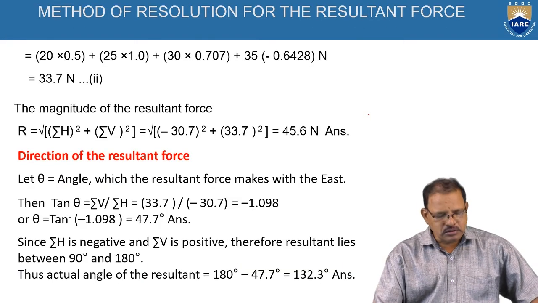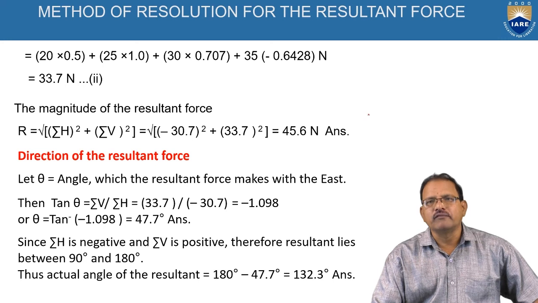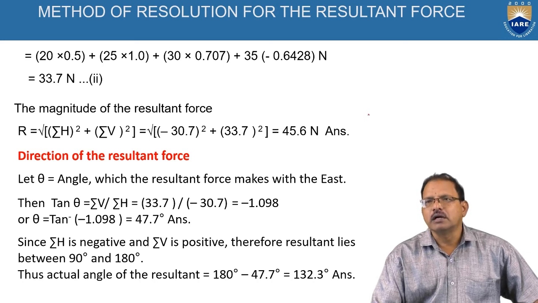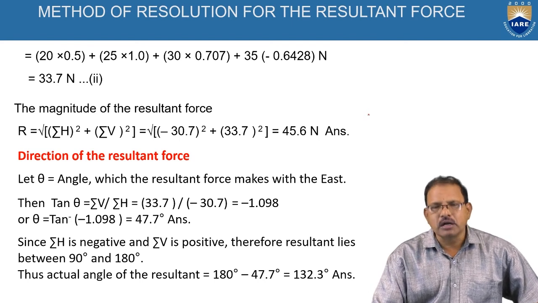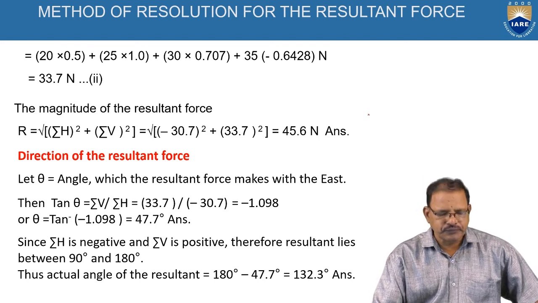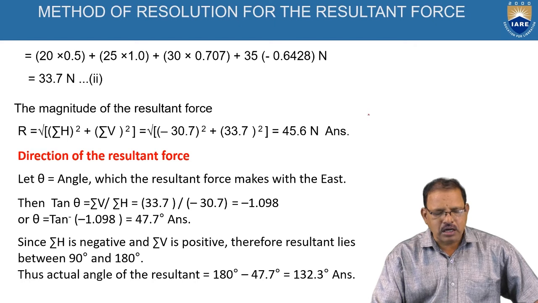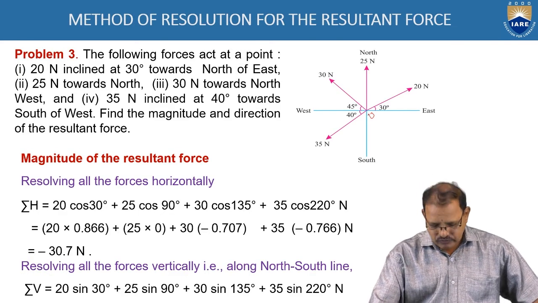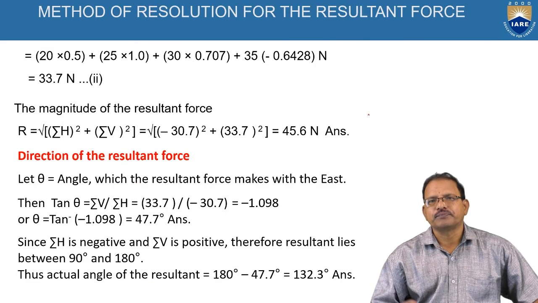Which is equal to 20 into 0.5 plus 25 into 1 plus 30 into 0.707 plus 35 into minus 0.6428. These are the values obtained after substituting the values for the angles 30, 90, 135 and 220 degrees.